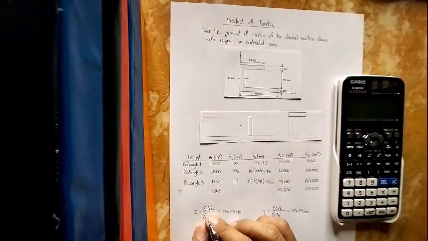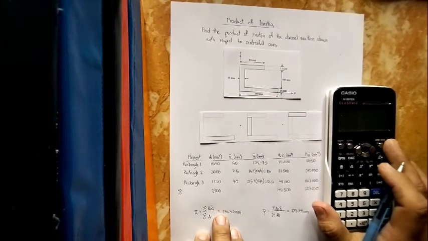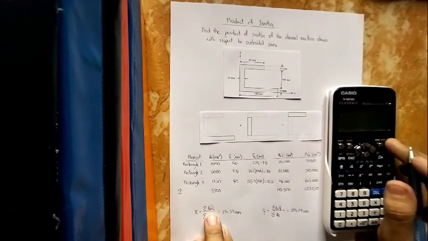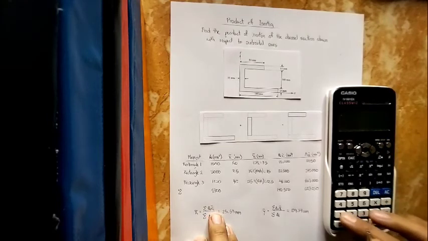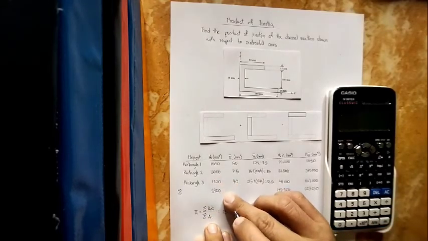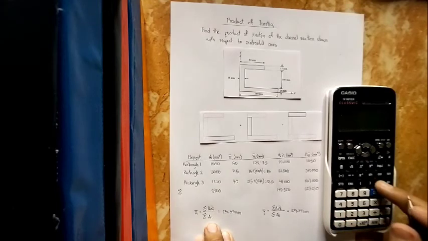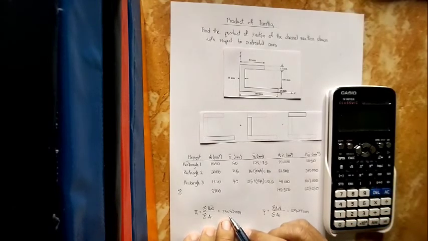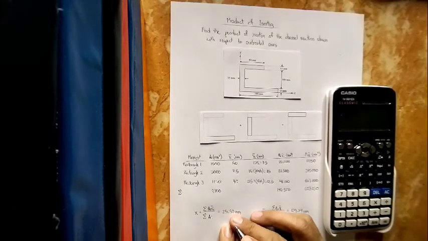X bar is equals to summation of area A times xi bar over summation of area A. Ang total natin ng area times xi bar is 145,500 over total ng area A natin is 5,700. So, ang sagot niya is 25.53 mm.